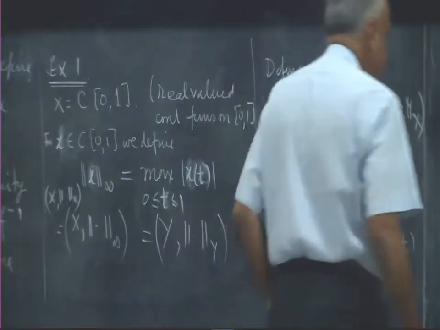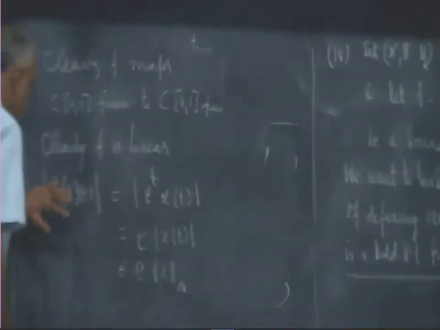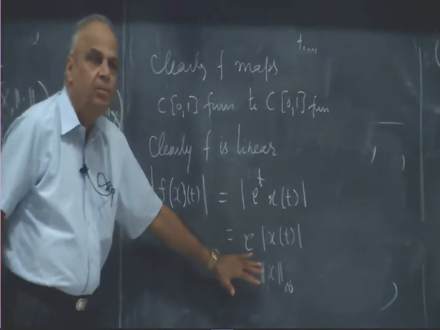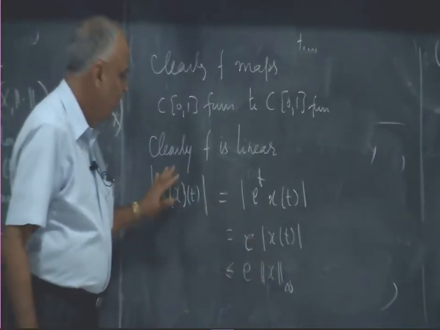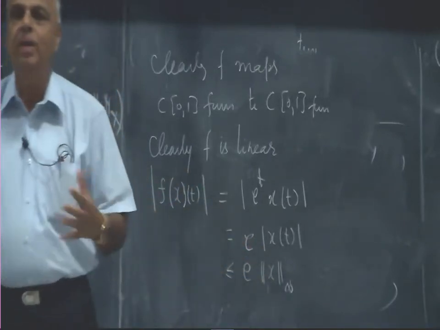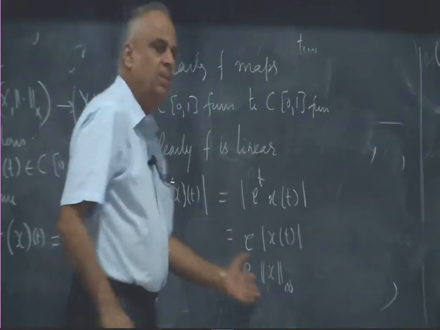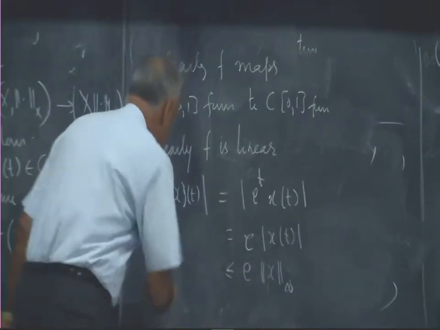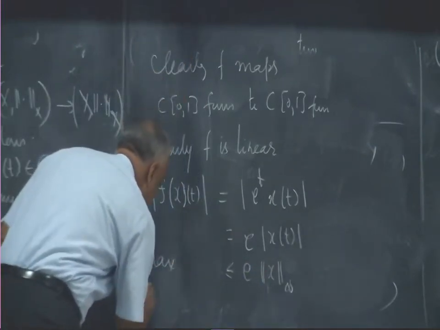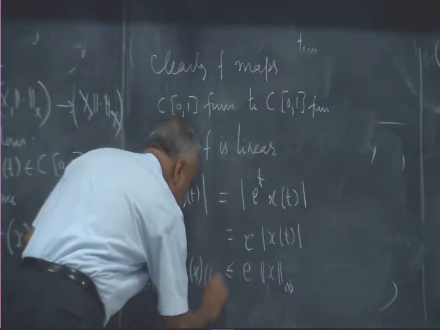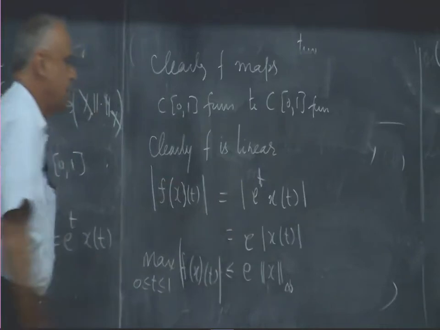So what it says is this transformed function can never exceed this value. The transformed function can never exceed the value e times the norm of x, and therefore the maximum of this cannot exceed this. So therefore the maximum over 0 less than or equal to t less than or equal to 1 of the modulus of f of x of t is less than that.